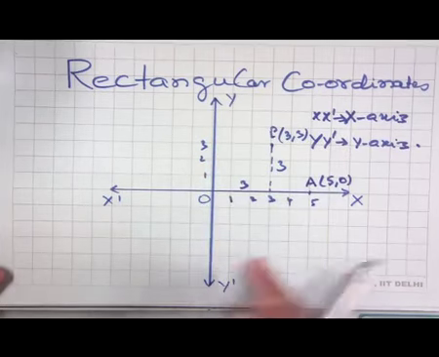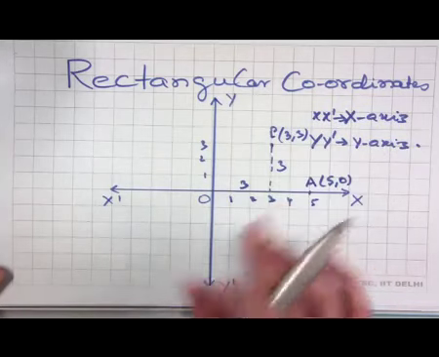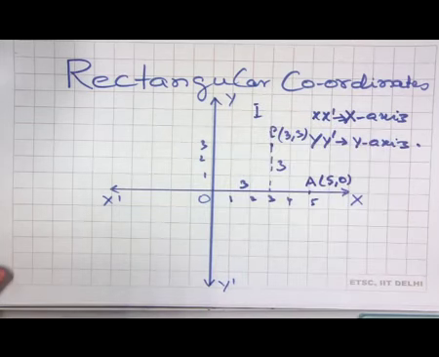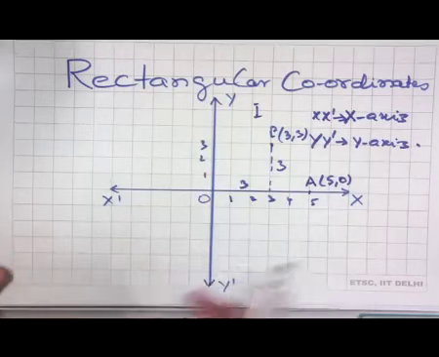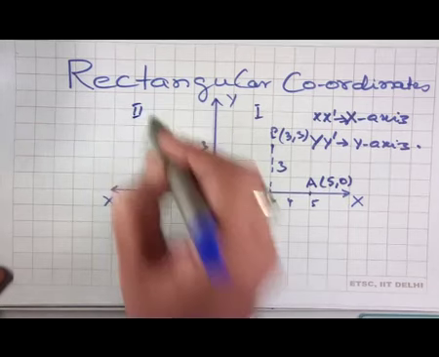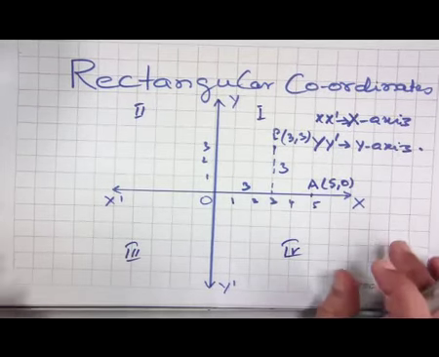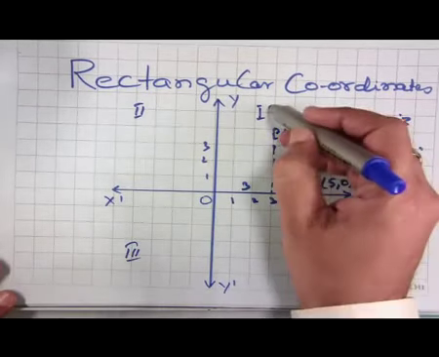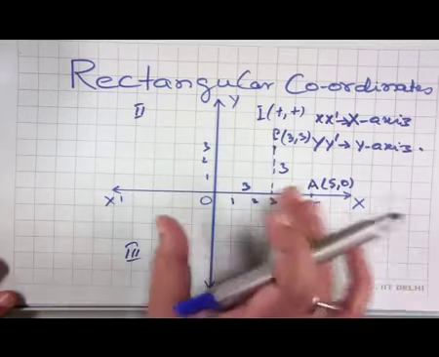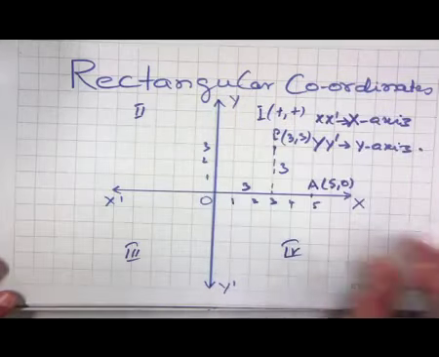Now, these two mutually perpendicular lines divide this plane into 4 quadrants, and the numbering of the quadrants is in the anti-clockwise direction. This is first, this is second, this is third quadrant, and this is fourth quadrant. The sign of the first quadrant is (plus, plus), because the right of the y-axis is plus and upward of the x-axis is also plus.